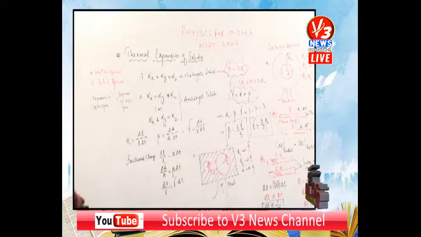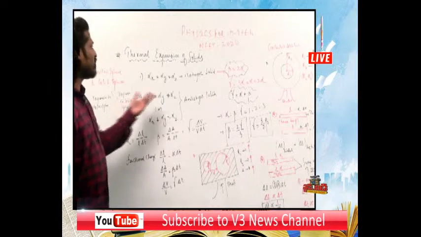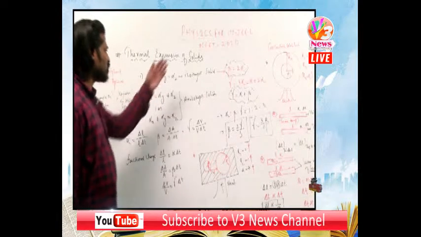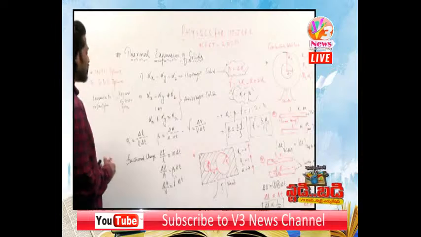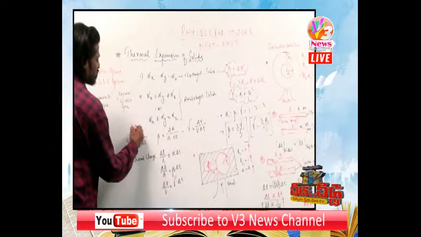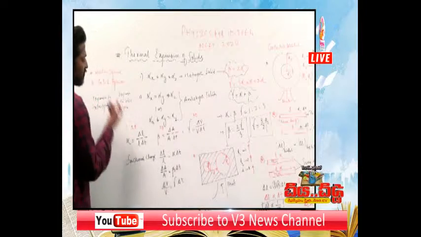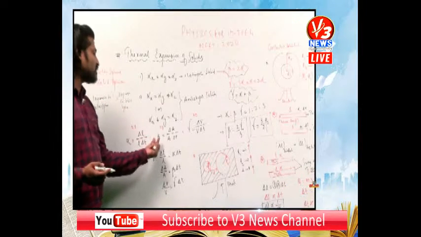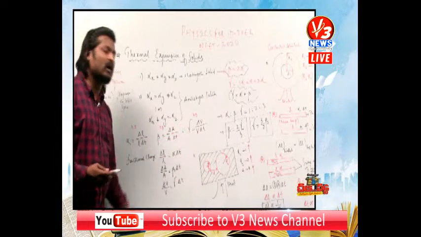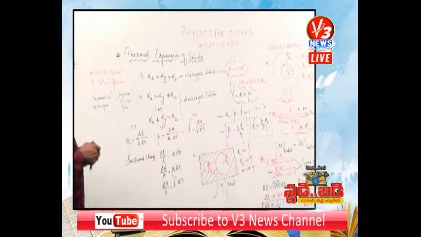There are some terminologies which should be remembered to do problems related to thermal expansion. Isotropic, anisotropic, and the relation between them: this is for a one dimension body, this is for a two dimension body, this is for a 3-dimension body. Alpha is the coefficient of linear expansion, beta is the coefficient of areal expansion, and gamma is the coefficient of volume expansion.